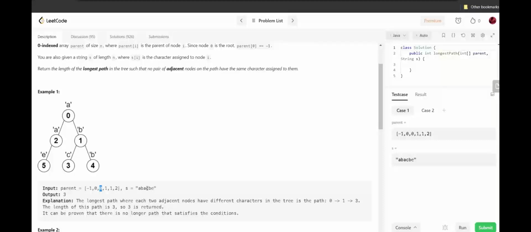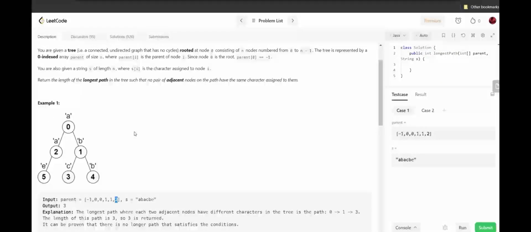Then index 3 would have parent node 1, and its value would be c. Similarly, index 4 would have parent node 1, and its value would be b. And index 5 would have parent node 2, and its value is e, right? So this is how we're representing the problem.